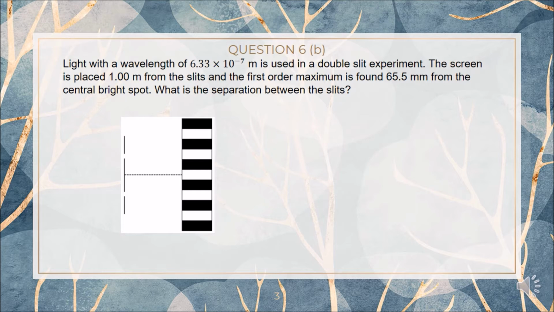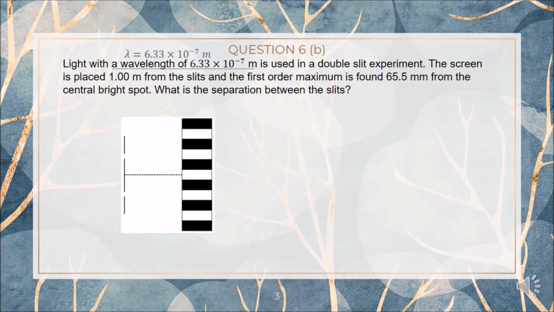So, for this question, we have to point out the information given. The first information given is lambda, which is the wavelength, equal to 6.33 times 10 to the power of negative 7 meter. This experiment used a double slit, which means we use Young's double slit, where the center will be bright.